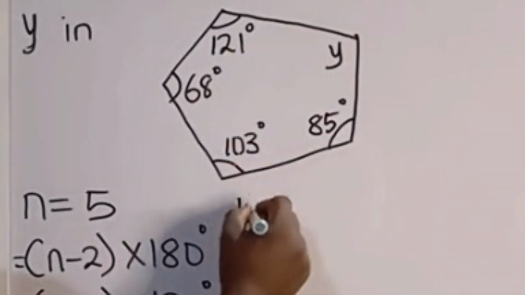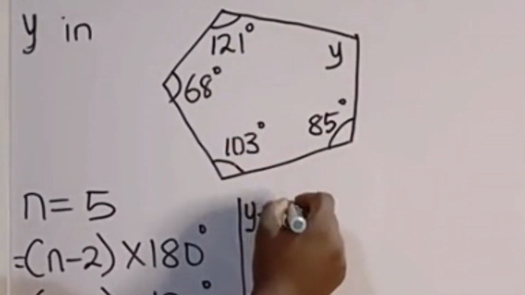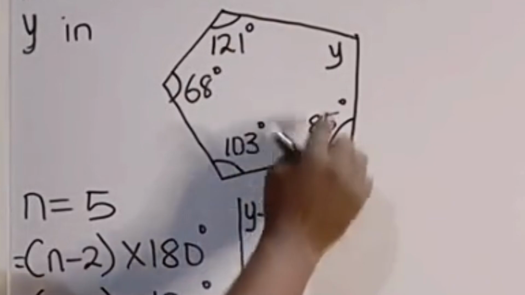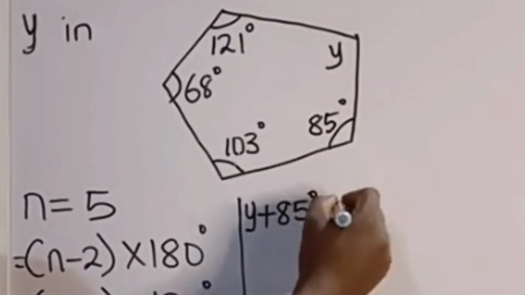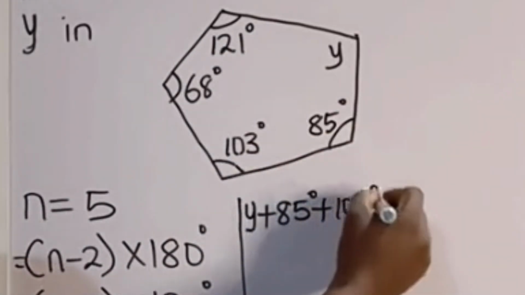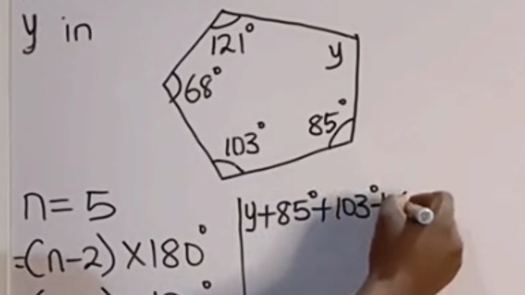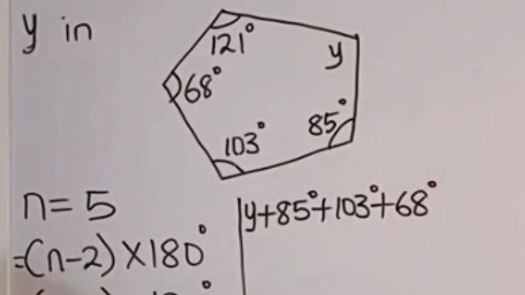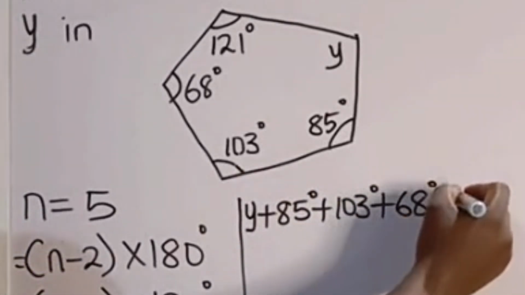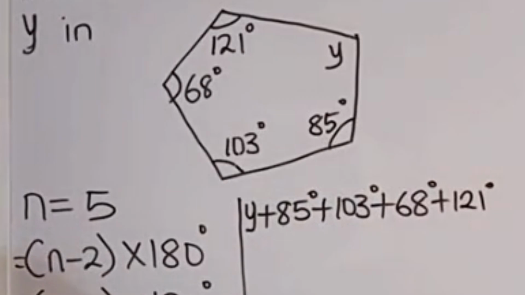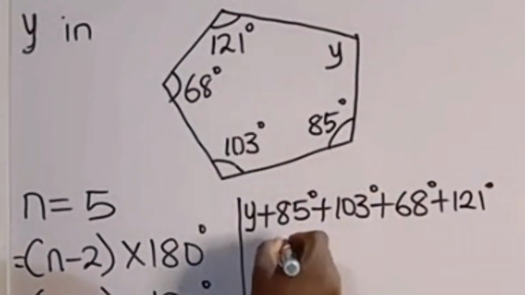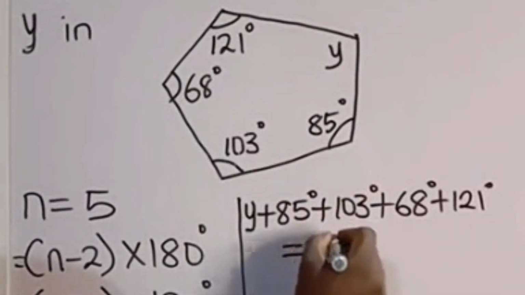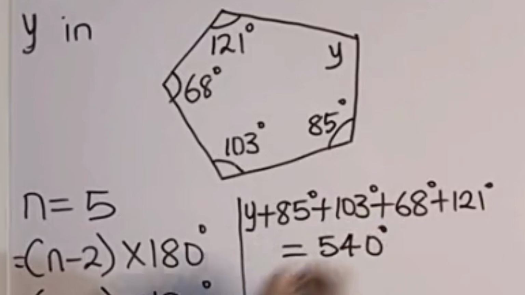So y plus 85 degrees, I'm going clockwise, plus 103 degrees, plus 68 degrees, plus 121 degrees. I'm going to write it here, equal to 540 degrees.